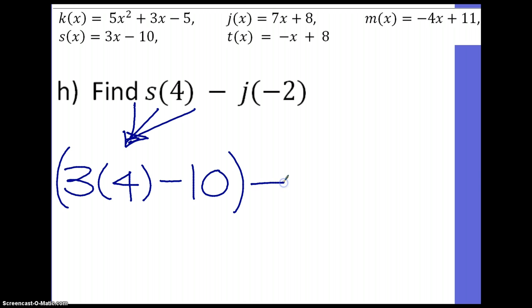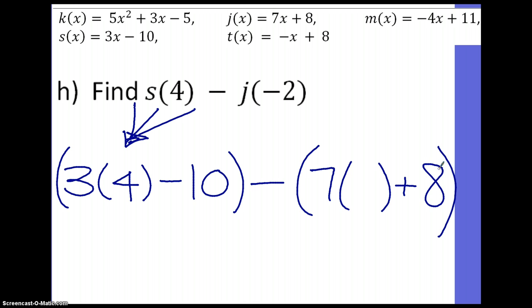Take away, I'm going to plug in j, 7x plus 8. And this time we're plugging in negative 2. So from here we could type it all in the calculator as long as you've got the parentheses that I do.